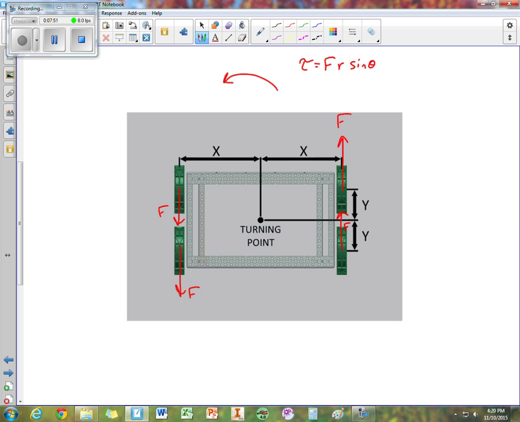So we need to have these be perpendicular. In this case, this distance x is perpendicular to the force. So the turning torque would equal F times x plus F times x plus F times x plus F times x. So basically, this turning torque would equal 4 times F times x.